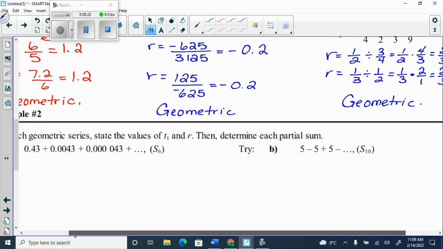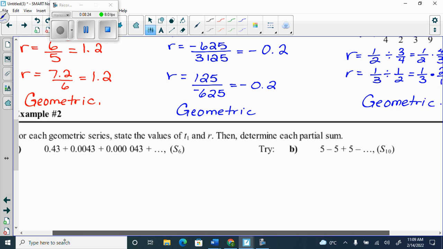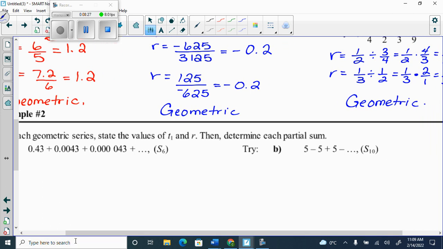This one says, for each geometric series, state the values of T1 and R and then determine the partial sum. So what is T1 for this first one? 0.43. R, we're going to do 0.0043 divided by 0.43.